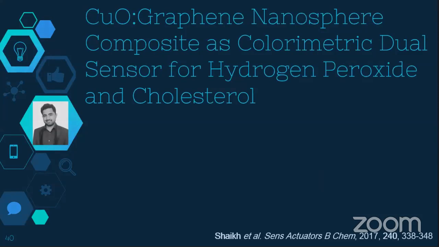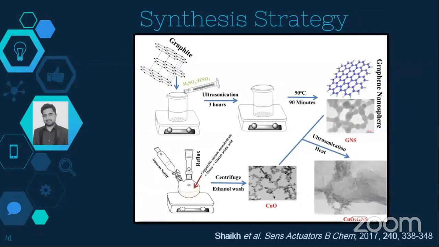Okay. So how did we do it? We took a graphite powder. This was done by Dr. Vinay, now he's in UCLA. We added some sulfuric acid and nitric acid mixture, ultrasonicated for 3 hours, and then further heated at 90 degrees Celsius for 90 minutes.